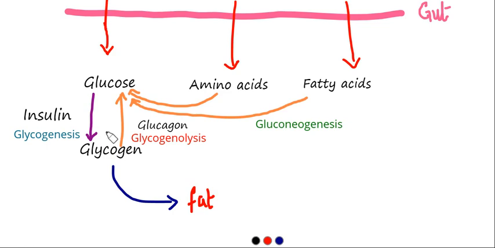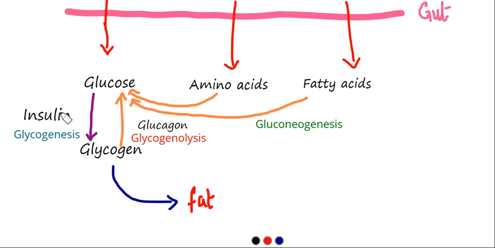Whenever we take food, we absorb all these. If any of these are present in excess, they get converted to glucose upon need. And when there is excess glucose in our blood, insulin is stimulated to be produced.